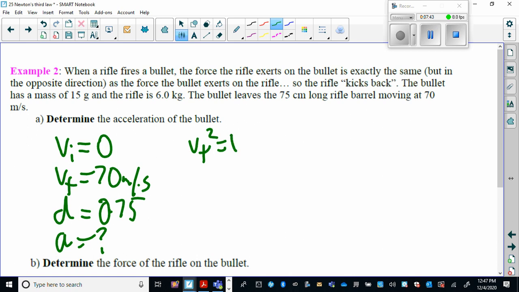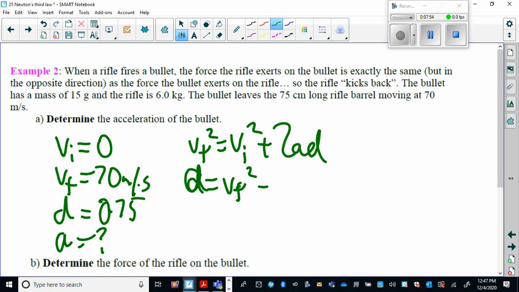Vf squared equals vi squared plus 2ad. We're not trying to find d, we're trying to find a. So a equals Vf squared minus vi squared divided by 2d. Right, so stick those numbers into your calculator.